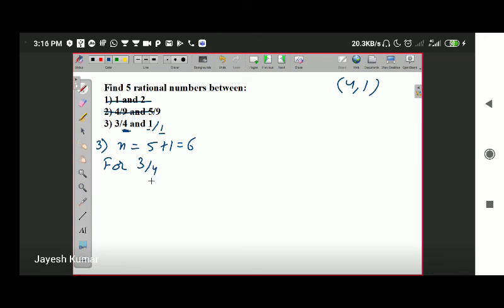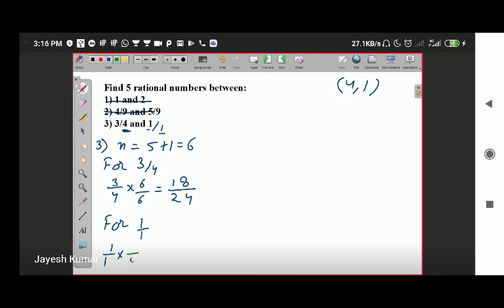on finding the LCM of 4 and 1, you will get the answer as 4. So we are not disturbing 3 by 4. We are just multiplying 3 by 4 by 6 upon 6. This will be 3 sixes are 18 and 4 sixes are 24. Now for the number 1, first of all, we need to make the denominator 4.